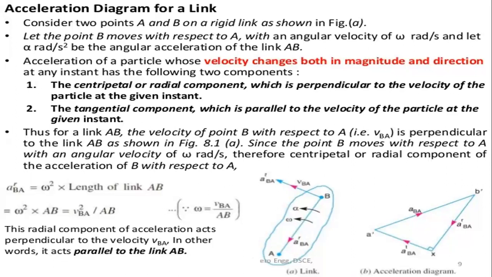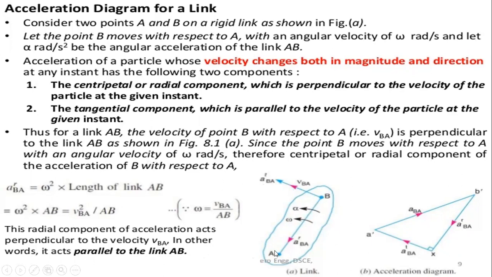the centripetal or radial component of the acceleration of B with respect to A is as follows. VBA is perpendicular to AB, so it is moving perpendicular to the link AB.